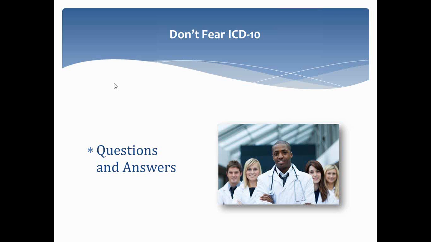So can we guess how many of them will be denied? We don't know what the payers are going to do. What we do know is that you can make sure you understand the code set, you know what the possibilities are, and you're prepared for them, and you've worked with your vendors, and you've got all your ducks in a row, so that when it does come time for denials, it's not your problem.